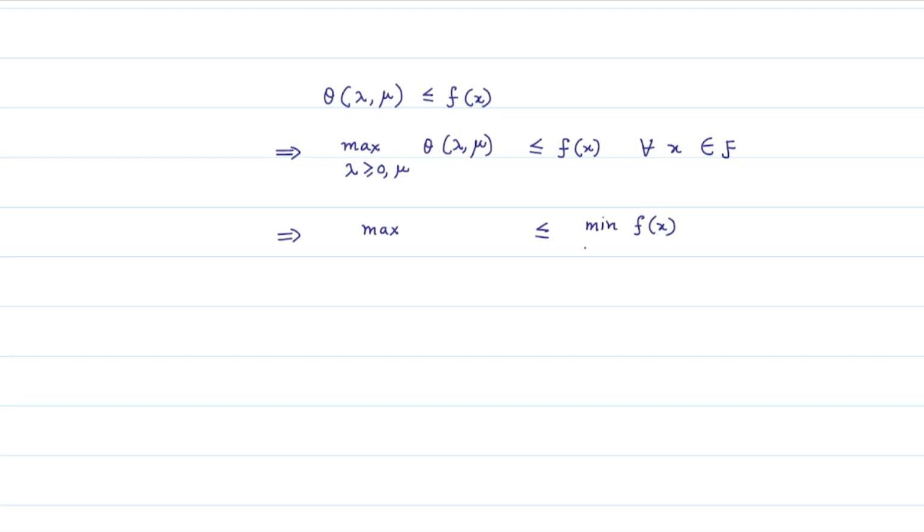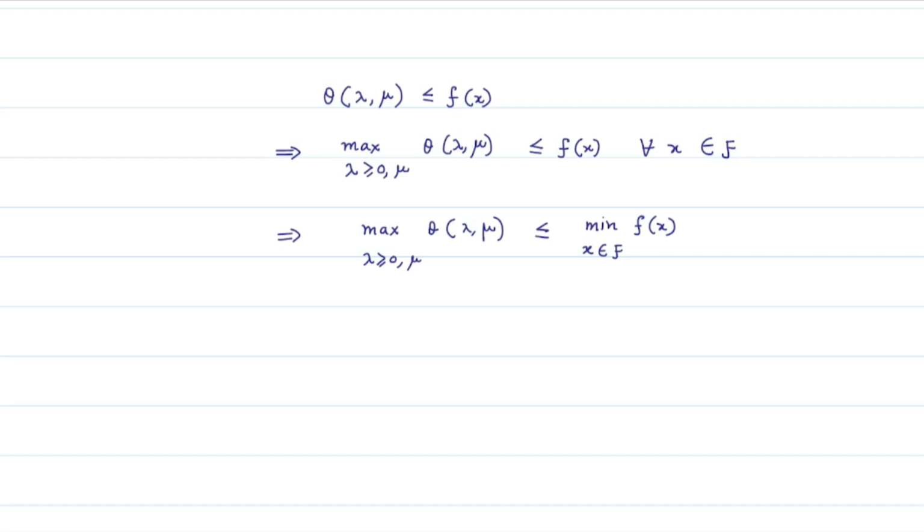So ultimately we get that the minimum over capital F of the function f is greater than or equal to the maximum over lambda greater than or equal to 0 of the dual objective function theta(lambda, mu). If these two optimum values, the optimum value of the primal and the optimum value of the dual, are equal, then we say strong duality is realized. But it is not always the case that for any given primal problem the maximum value of the dual is equal to the minimum value of the primal.